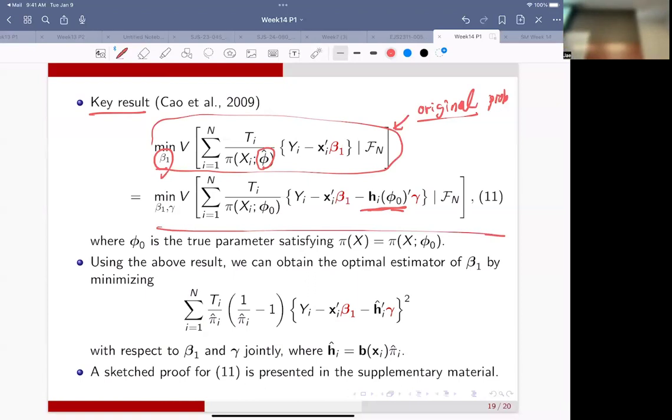Because this one I know how to prove, using the same technique, because this is a known case. In the known case, I can easily say that this is the way to go. And then the only critical component is to show this relationship.